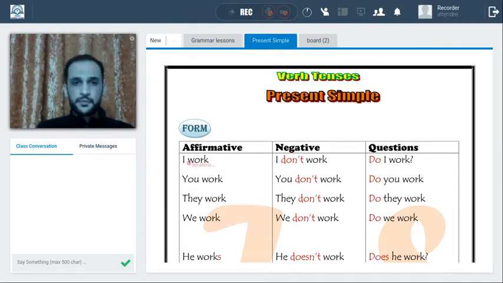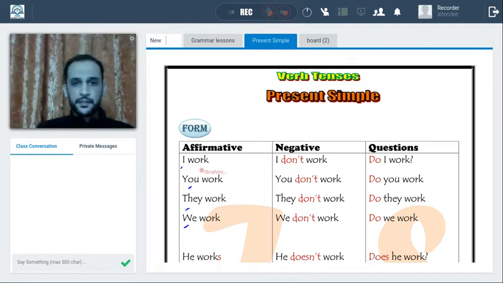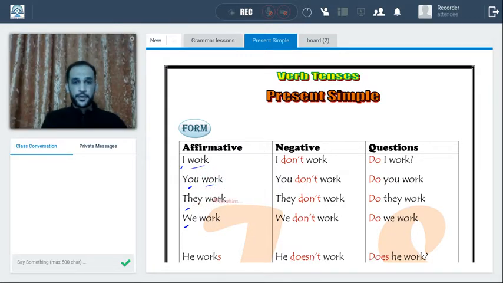You know that when the subject is I, you, they, and we, the verb is in the base form as you can see. I work, you work, they work, and we work.